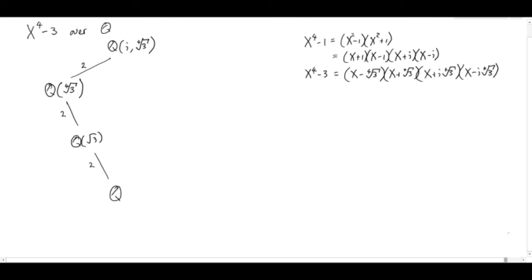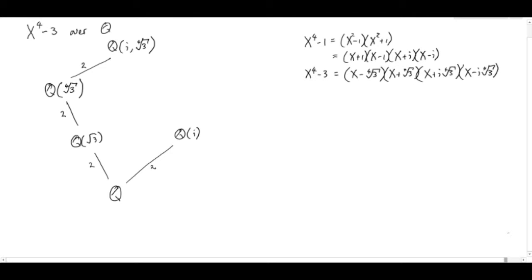Okay, can you see any other quadratic fields over Q? Well, i is in the ultimate extension, so we will have to adjoin i to Q. So that is another degree 2 extension.